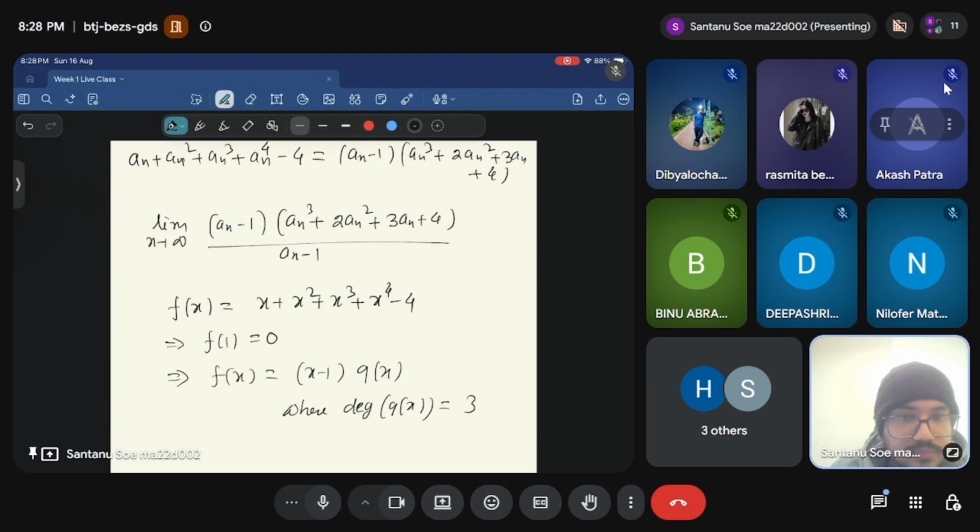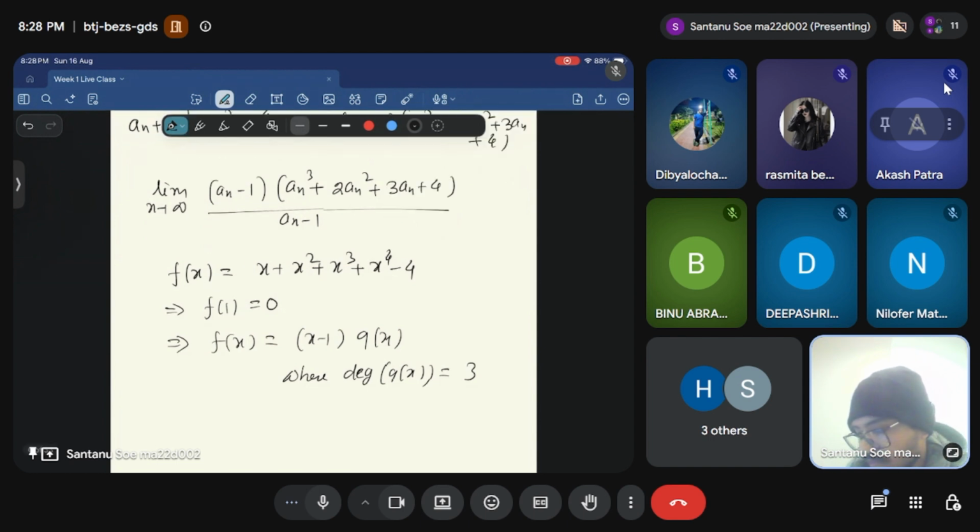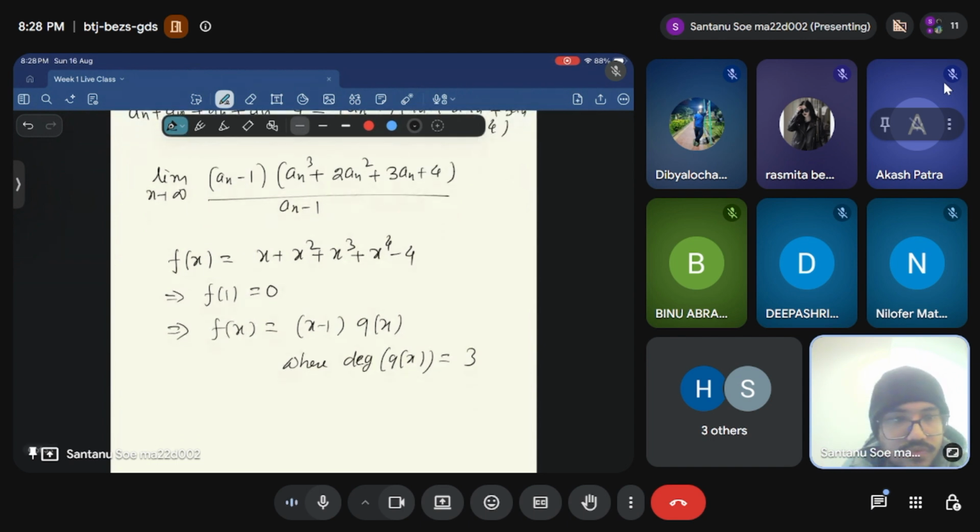Correct? This is from algebra. So if you have studied the basic algebra of a bachelor's, BSc, then you might know this. Correct? So now what you're gonna do? You're gonna just divide by x minus 1.